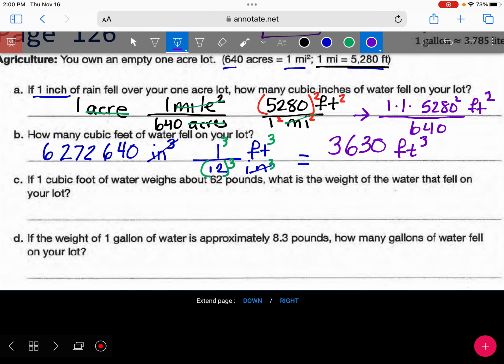Then we're starting to switch into different kinds of units. If 1 cubic foot of water weighs about 62 pounds, what is the weight of the water that fell on your land? What are we going to do with our cubic feet and our weight?